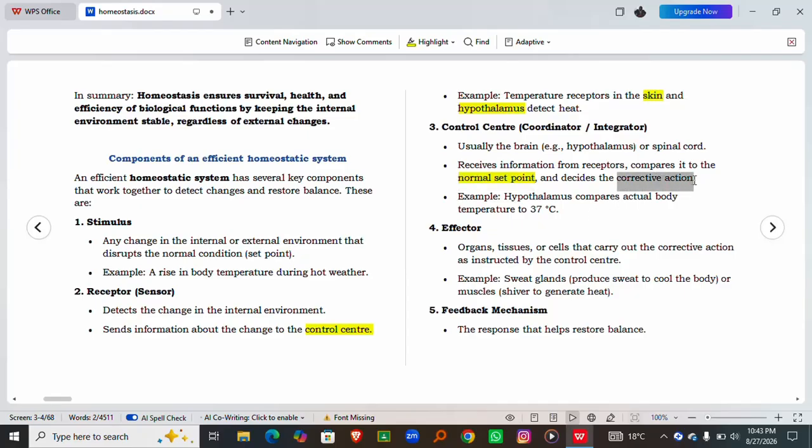There is what we call the corrective action. What is the body going to do given that a certain normal set point has been exceeded or it has been lowered so much?